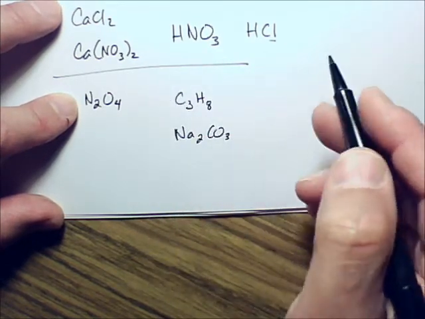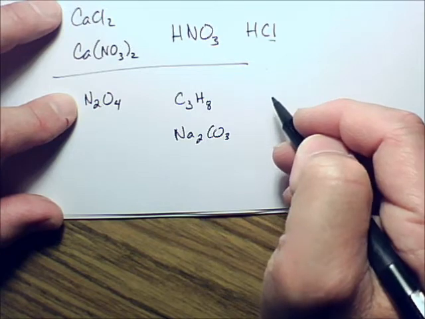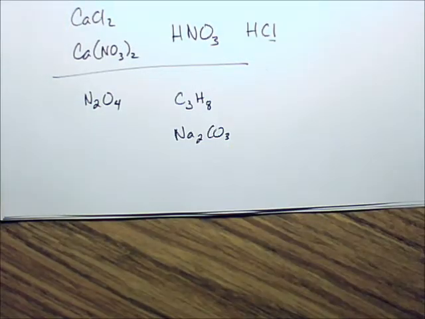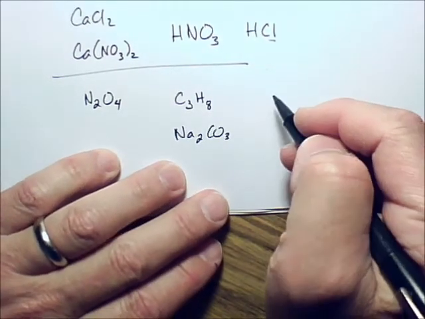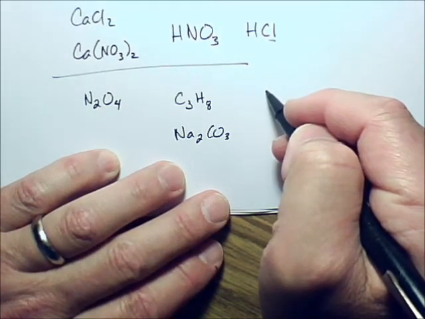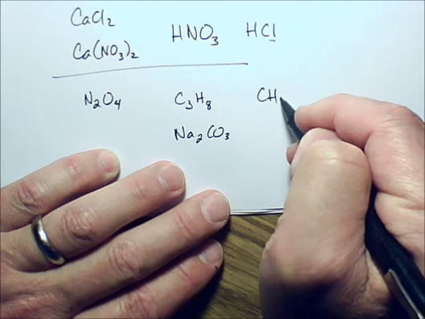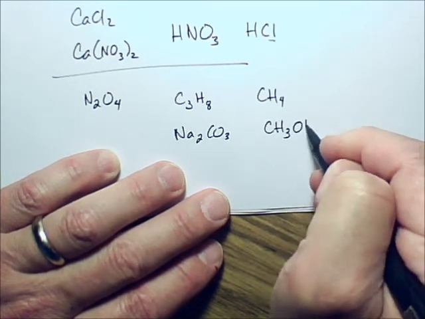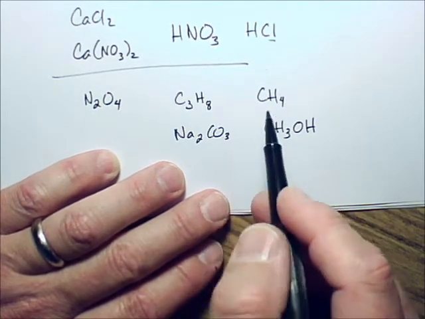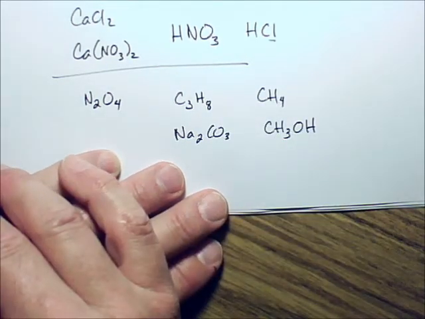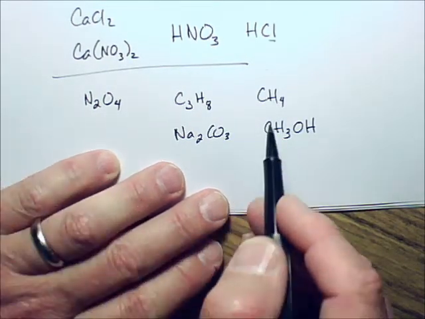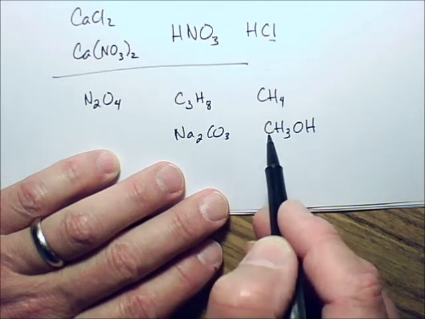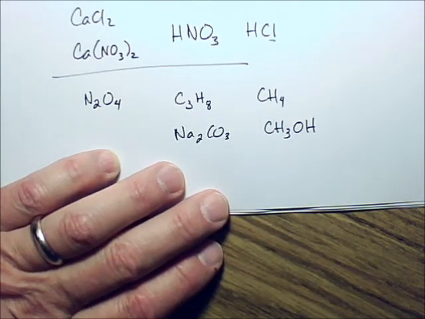Anytime you have carbons bonded to other carbons, that's organic, but occasionally you'll have some formulas where you only have one carbon, like methane or methanol. Those are still organic, because carbon is the center of the structure, I guess is the way to think about it.